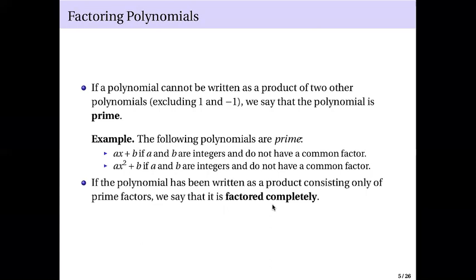Okay, let us start with the first method, identifying common monomial factors. So for this method, you check all the monomials and check whether there's common factors. So for example, here 3x plus 9.